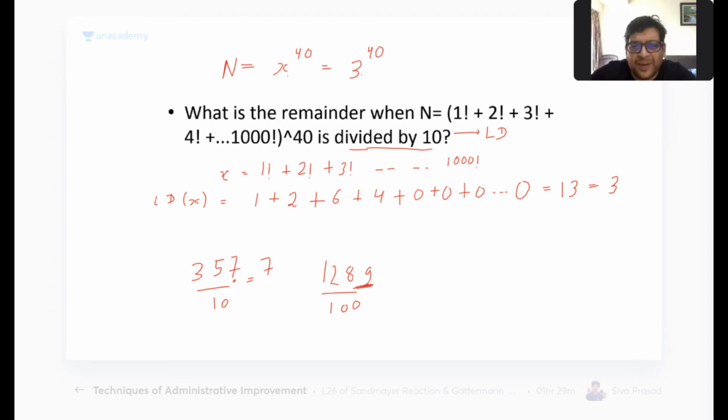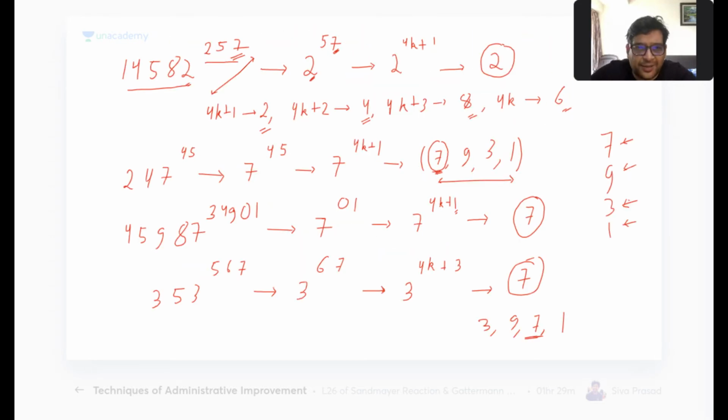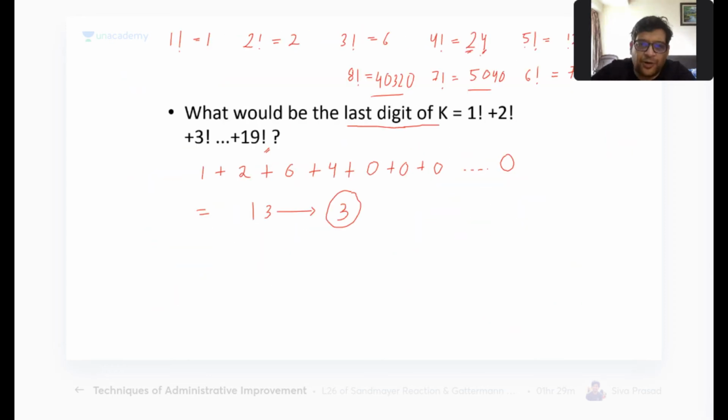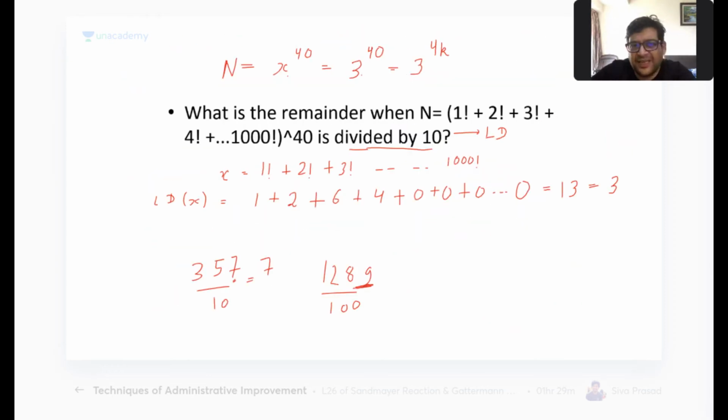So 3 to the power of 40 is effectively 3 to the power of 4k. Let us go back to the cycle of 3. Where is the cycle of 3? Here. So 3 to the power 1 is 3. 4k plus 2 is 9. 4k plus 3 is 7. And 4k, that is a multiple of 4, will give me the last digit as 1, as I believe a few of you have indicated already.